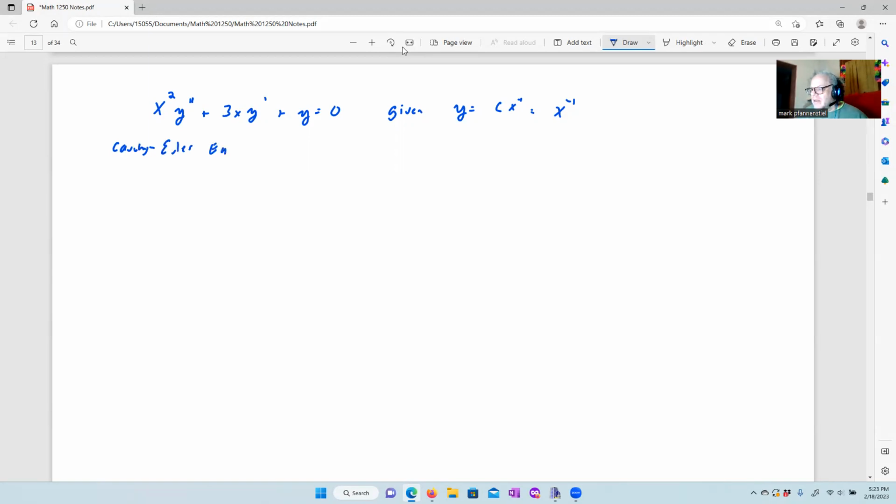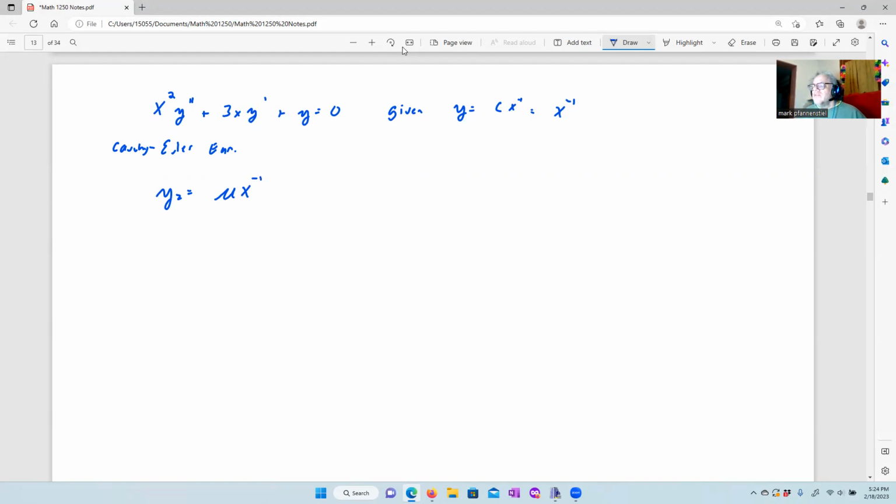It's not unreasonable to think that somebody might come up with a solution to a differential equation, and then you need two because it's second order. Well, how do you get the second one? So what we're going to do is assume that our first one is good, and verify that. But we're going to say that our y2 is equal to some function, which I'm just going to call u, times our first function, x to the negative 1.